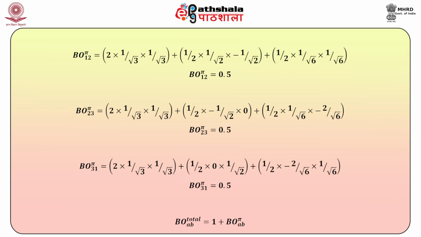We calculated the pi bond order between two connected atoms. But as you know, between any two carbon atoms, there is also a sigma bond. Therefore, we often talk about the total bond order between the two atoms, and that will be 1 plus pi bond order between those two atoms.